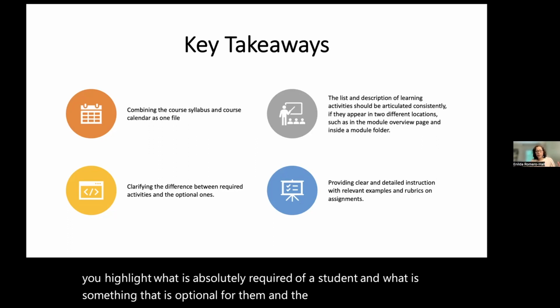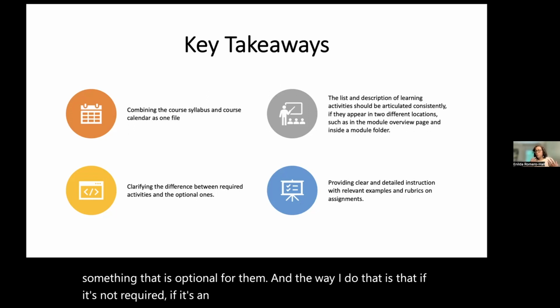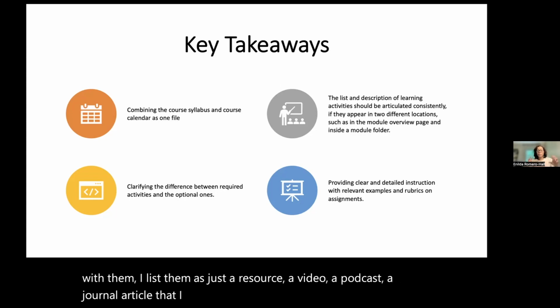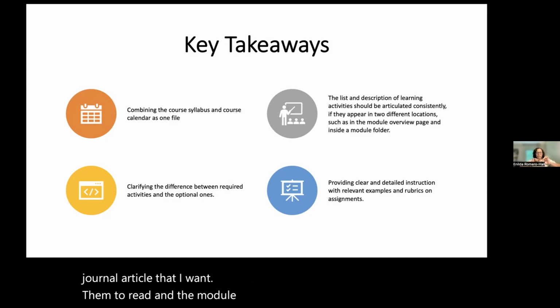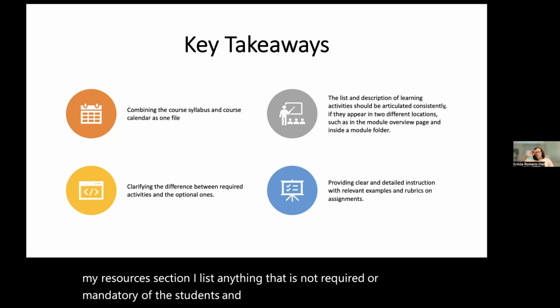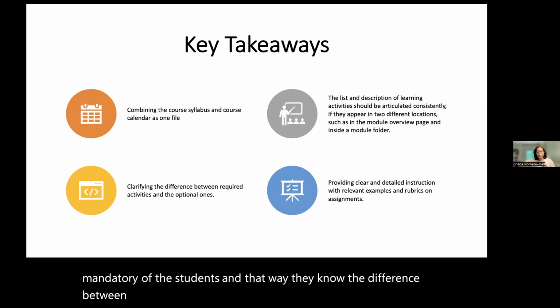And the way I do that is that if it's not required, if it's an optional type of resource that I'm sharing with them, I list them as just a resource, a video, a podcast, a journal article that I want them to read. In the module, I have a resources section, and under my resources section, I list anything that is not required or mandatory of the students. And that way they know the difference between the two different types of content.